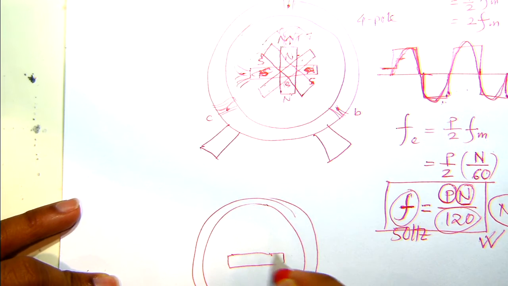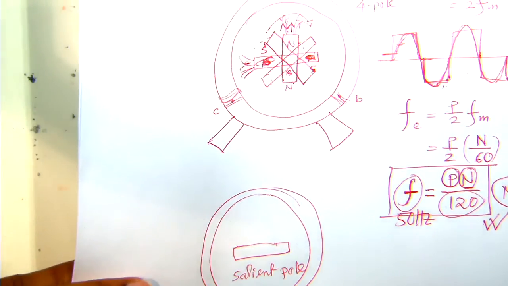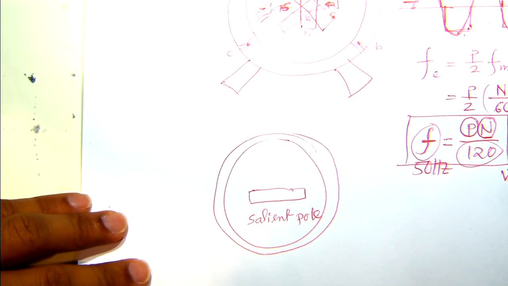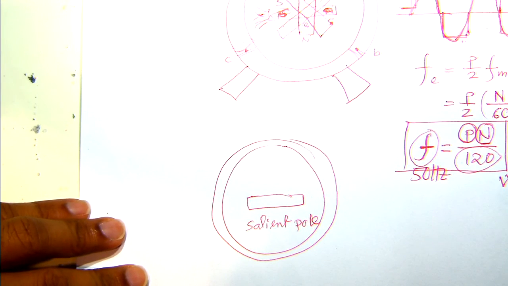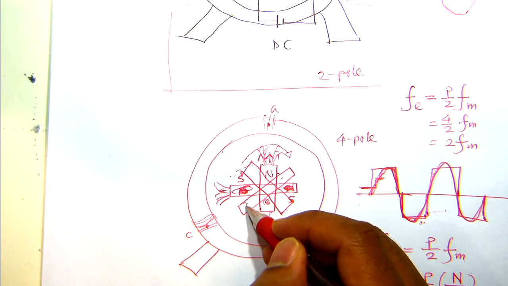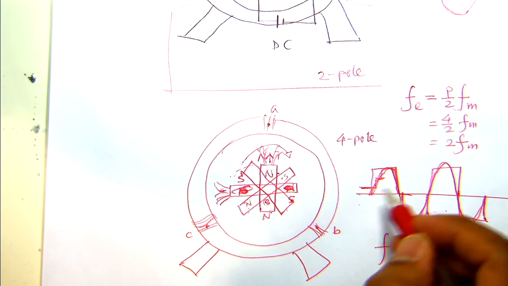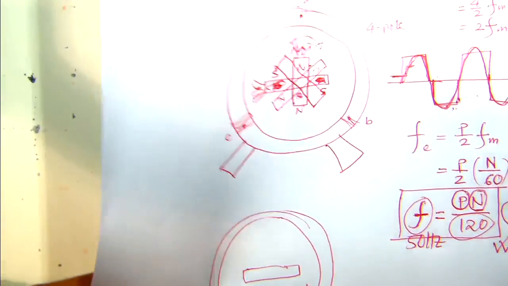This type of rotor is called a salient pole rotor. Now, what we want is for this magnetic field to be symmetrical or smooth for the induced voltage.